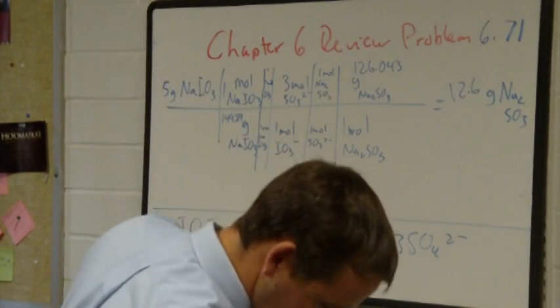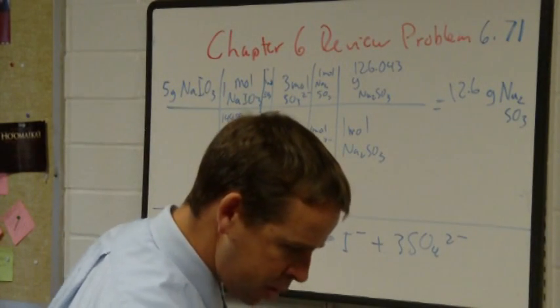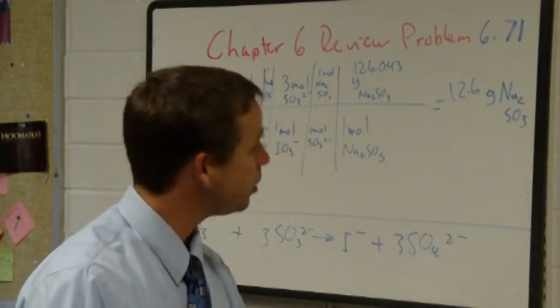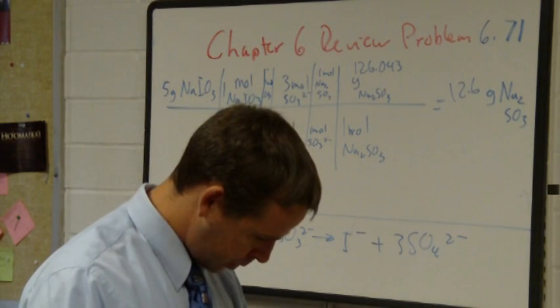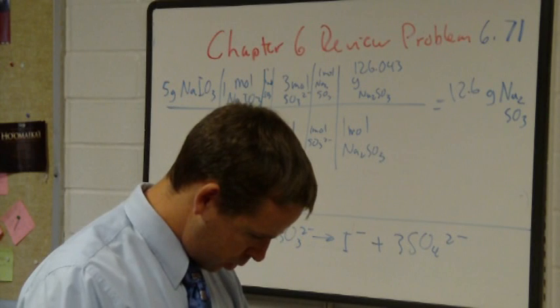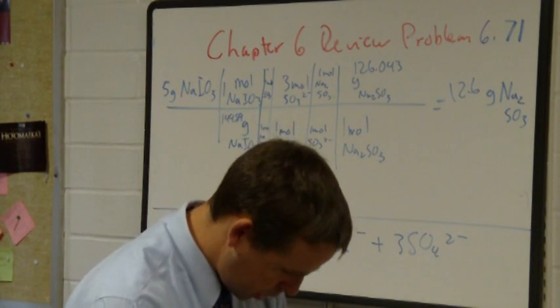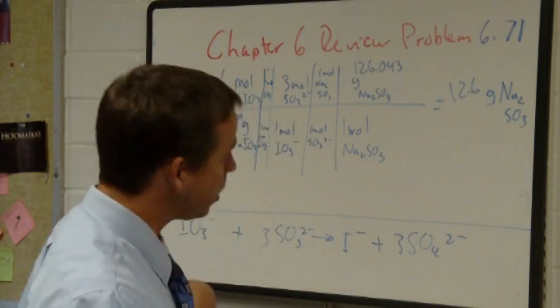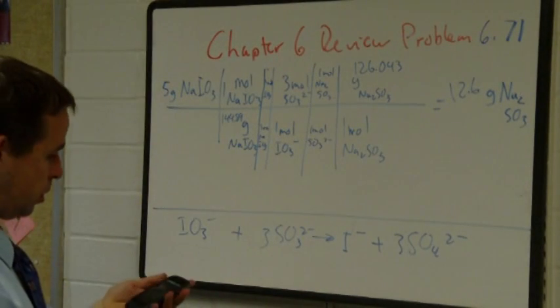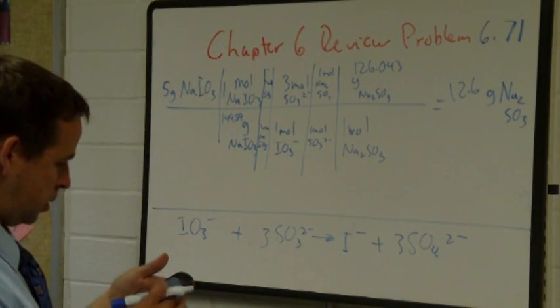How many significant figures? 12.6 grams sodium sulfite. So that's 671. Oh! What happened? You didn't get the right value. 12.6 grams of sodium sulfite. Let's see.